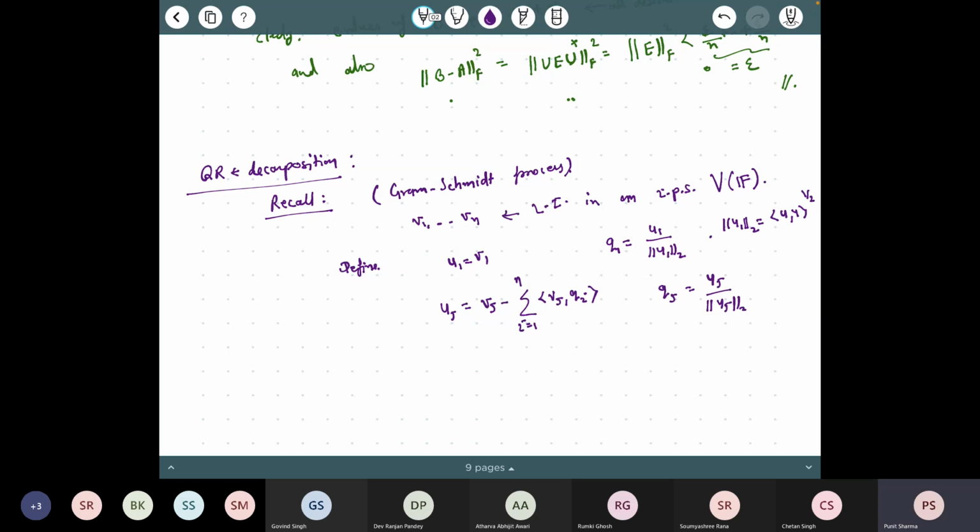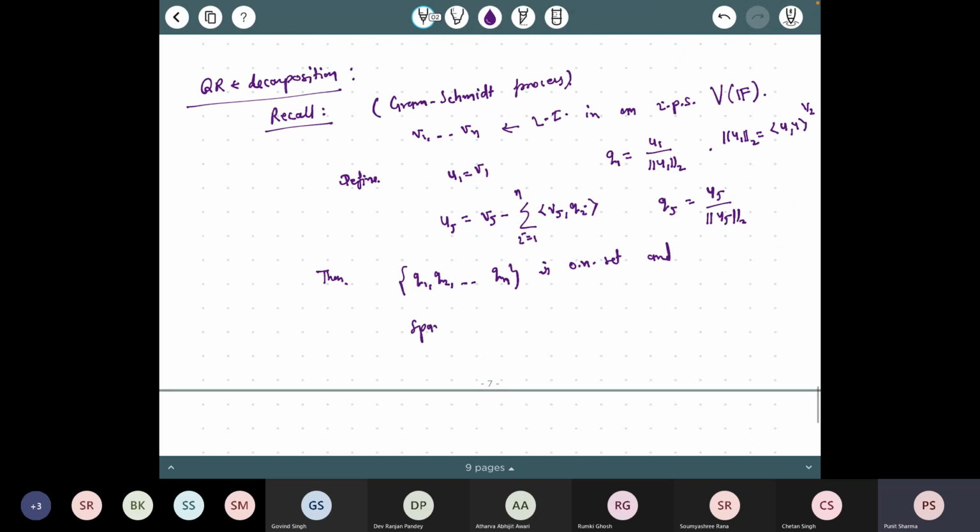Then you can check that this set q1 to qn is an orthonormal set. Not only that, the span of q1 to qk is equal to the span of v1 to vk for all k equal to 1 to n.